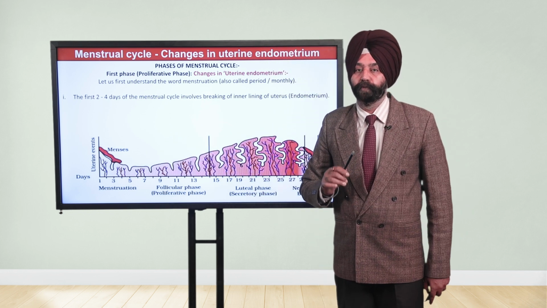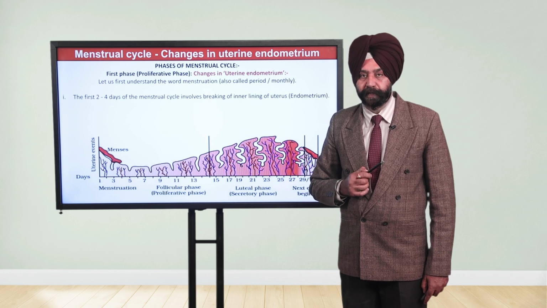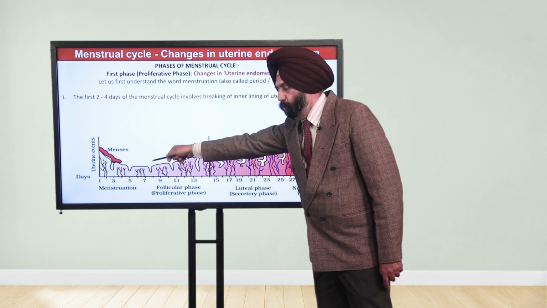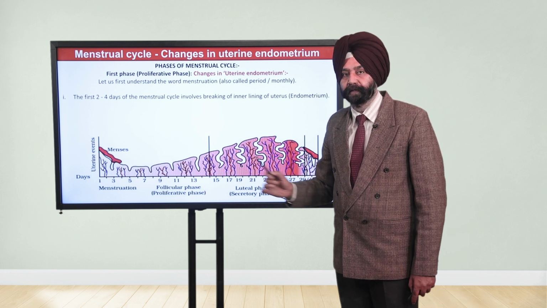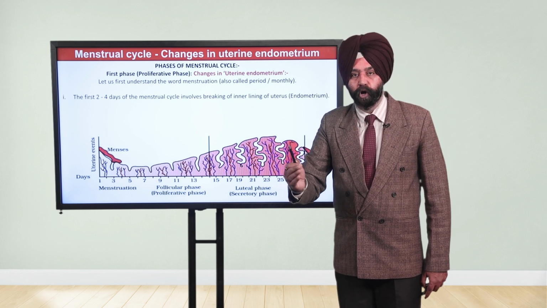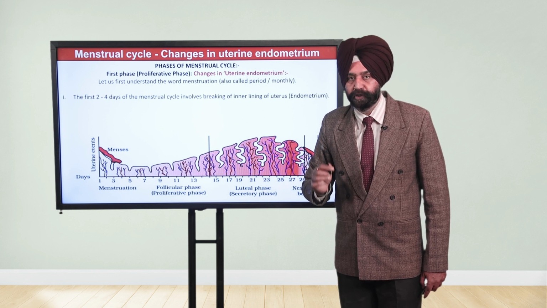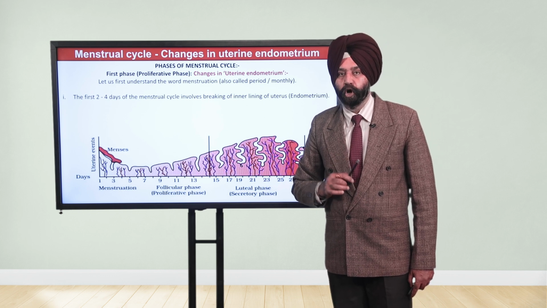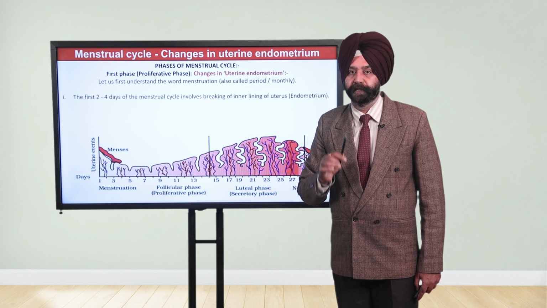Breaking of endometrium also breaks the blood vessels in it, resulting in oozing of blood. Menstrual flow is the removal of broken tissue and lining of the blood from the vagina that continues for 2 to 4 days. This is known as period or monthly, as it is periodic in occurrence, that is repeated every month.